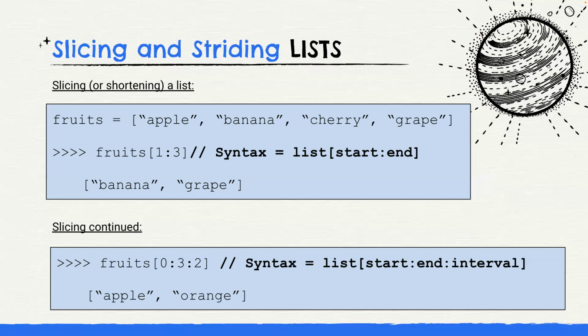So now if I was to call 0, 3, 2, I'm starting at index 0, I'm going to my third one, and I'm skipping 2 steps each time. So this is my 0, which is apple, and then I'm skipping 2. I should have orange in here, sorry about that. And then this would be orange instead of green. That was my bad. I'm sorry for typos. We'll go into the demo and that'll hopefully be more instructive.